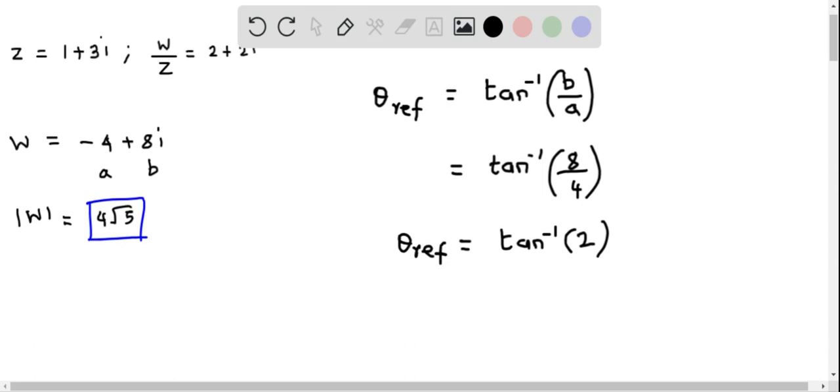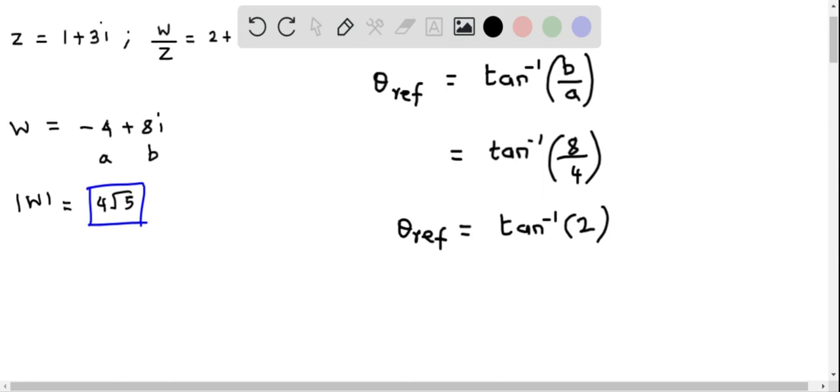We now plot this complex number negative 4 plus 8i in the complex plane, and then determine which quadrant the reference angle or the exact angle lies in. So negative 4 is to the left of the y-axis. So let's say this is negative 4, and 8i is 8 units above the x-axis.